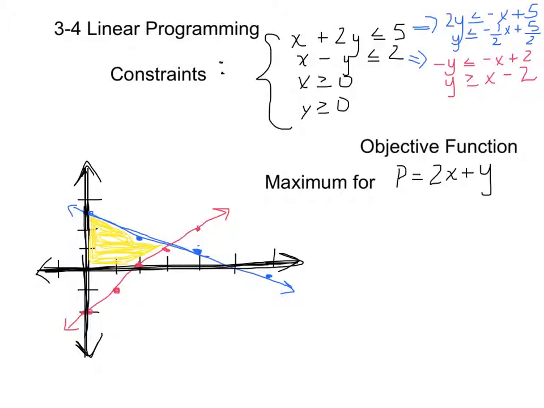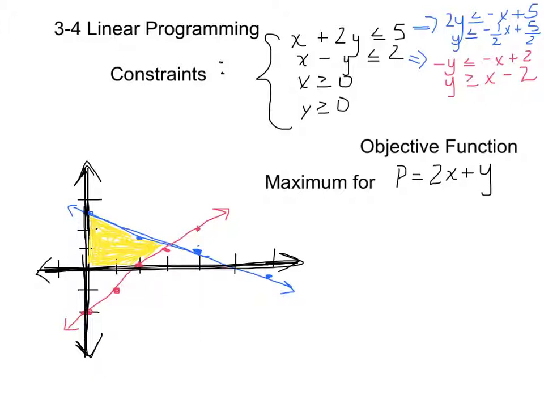I usually use a highlighter to darken this area so you'll know. Once you find your feasible region where all your colors blend, then you're going to name all your vertices around that region.